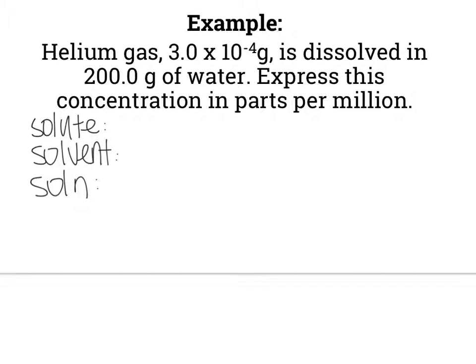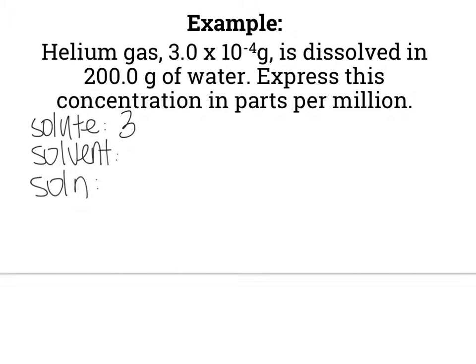Okay, welcome back. The problem says that helium gas is dissolved in water, and we're expressing that in parts per million. Our solute, in this case, is helium gas, since we're dissolving it in water, that's one clue, or we have a lot less helium than we do water.